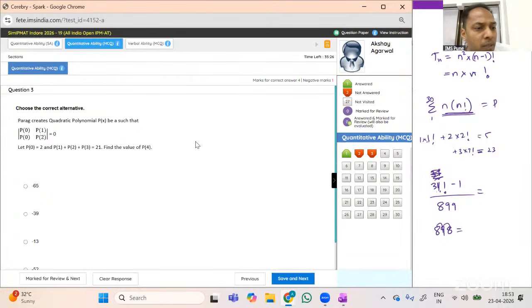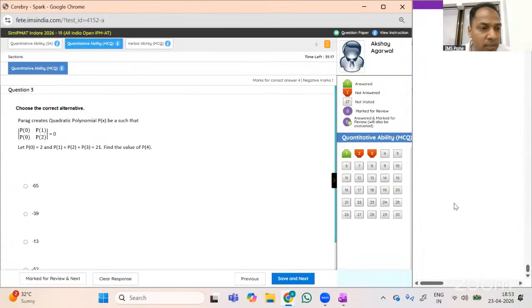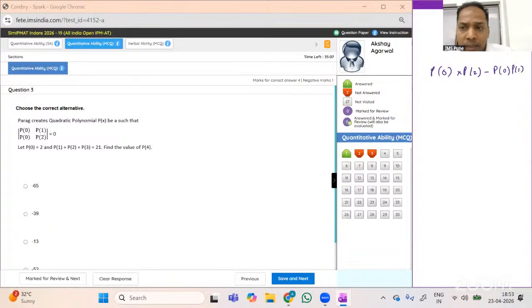Consider a quadratic polynomial such that P of 0 into P of 2 is equal to P of 0 into P of 1. So P of 0 into P of 2 minus P of 0 into P of 1 is equal to 0.